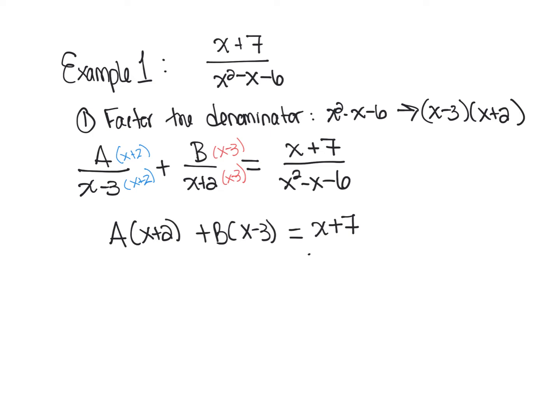So some key values that we want to take note of: x equals negative 2, which I got from right here, will make that factor go away. And I could do 3, because that'll make this factor go away. Now this equation holds true for any x values, but these very special ones will make things clean up nicely for me.